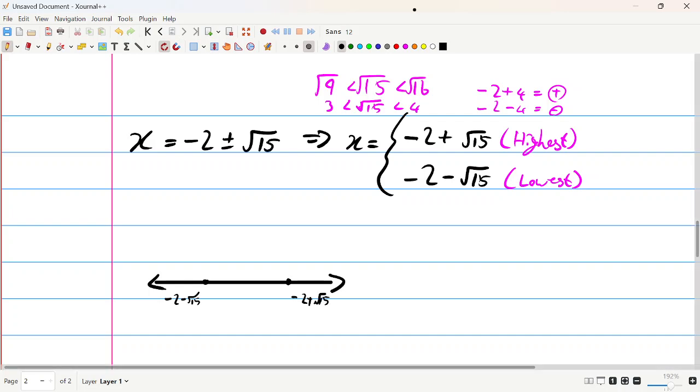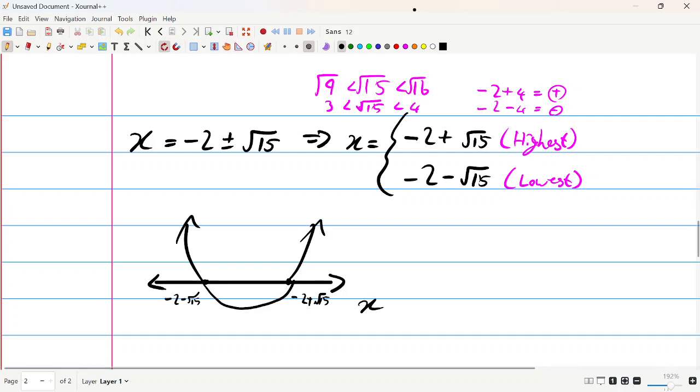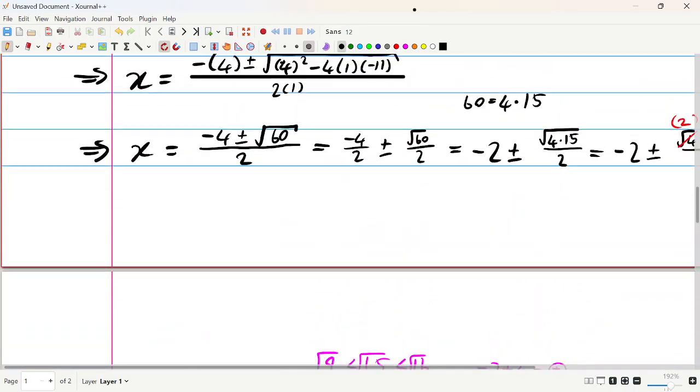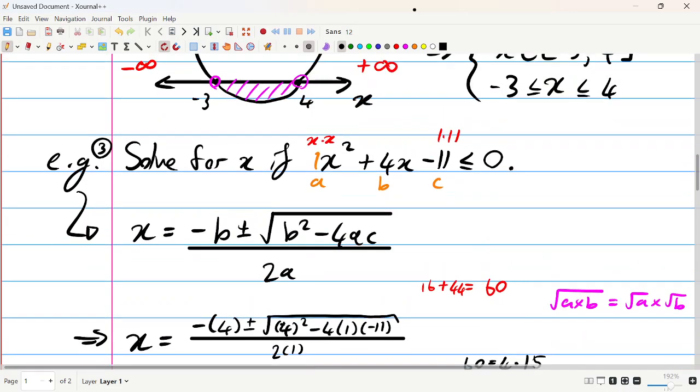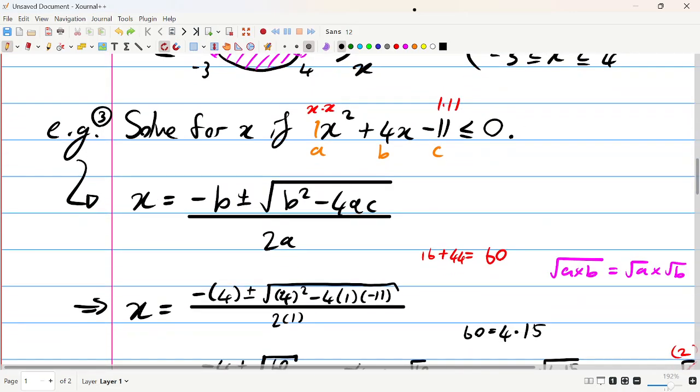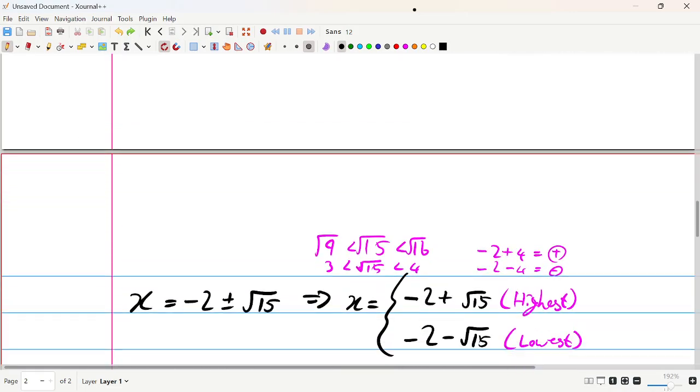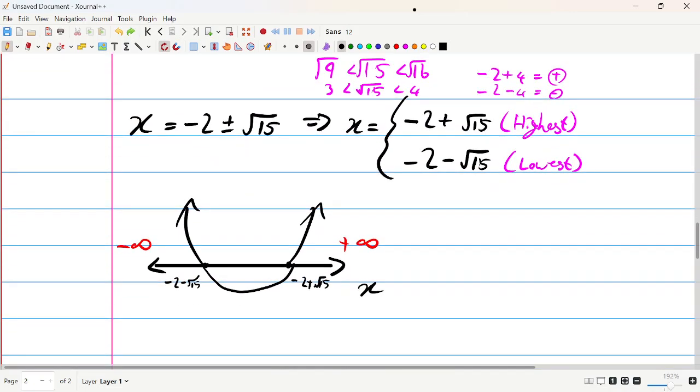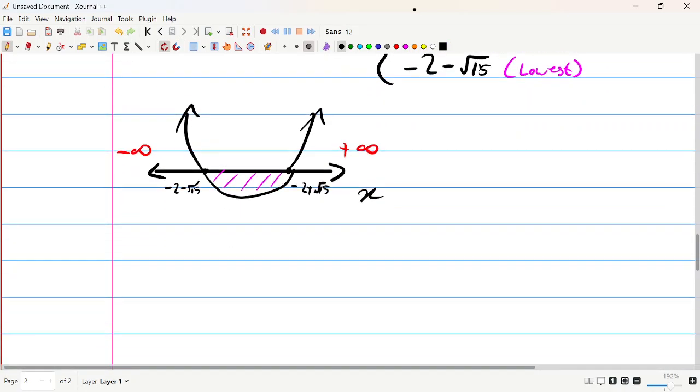We just do our normal parabola, and then we have our x-axis, from negative infinity to positive infinity. What was the initial inequality that we had? It was less than or equal to 0, so it's below the x-axis. Since it's below the x-axis and also equal to 0, that implies it's going to be between the roots.